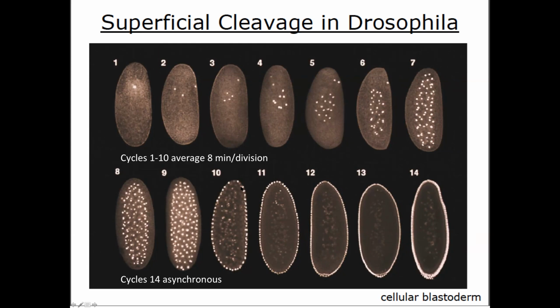They're going to be time-taking, longer divisions. They might last from, I forget the times, unlike 8 minutes, sometimes it can be 75 minutes to as long as 2 to 3 hours. So it can be longer cell divisions.